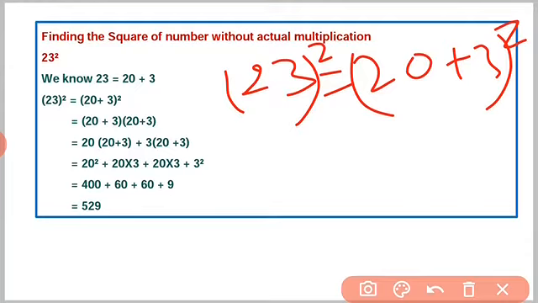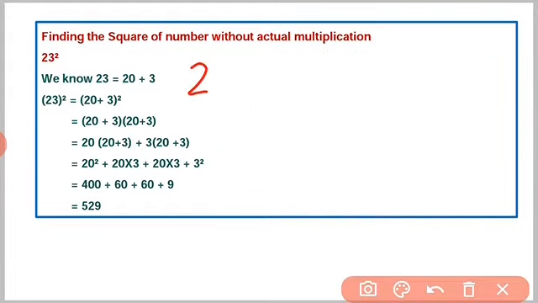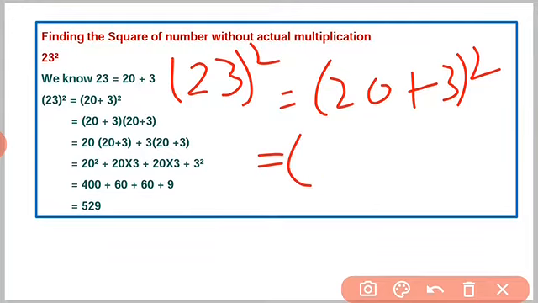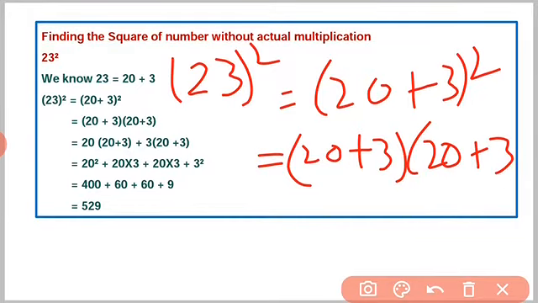So we will write this 2 times. That is, 23 squared is equal to (20 plus 3) squared, and squared means it is multiplied 2 times, that is (20 plus 3)(20 plus 3).